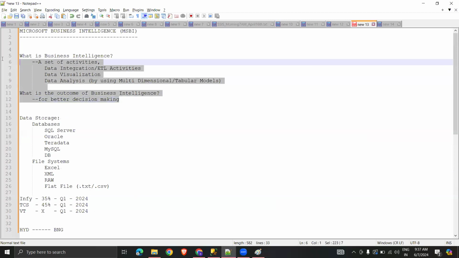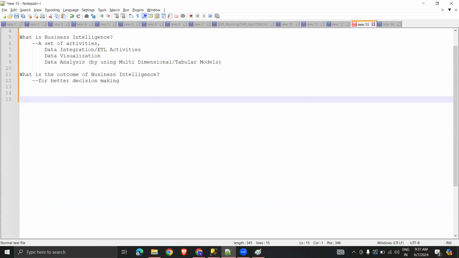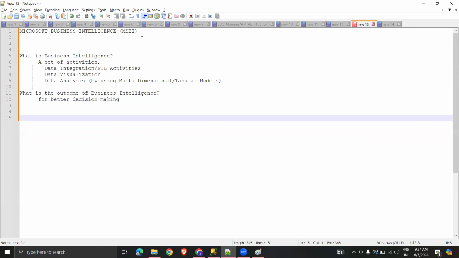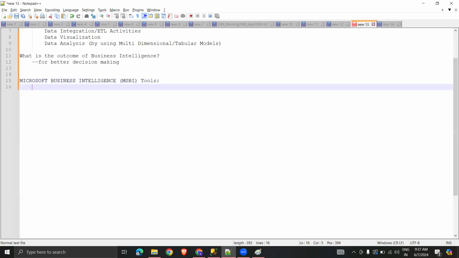So, hope you are clear on these two points. If so, then I'll talk about Microsoft Business Intelligence solutions. Microsoft Business Intelligence tools. What are the MSBI tools? SSIS. Full form is SQL Server Integration Services. Now tell me, sir, this is also a BI tool from Microsoft Corporation, right?